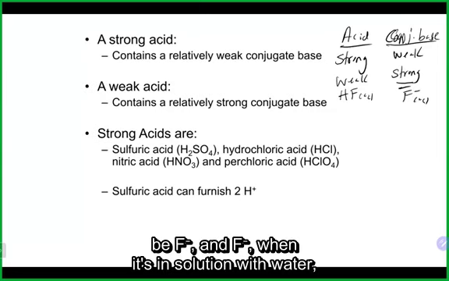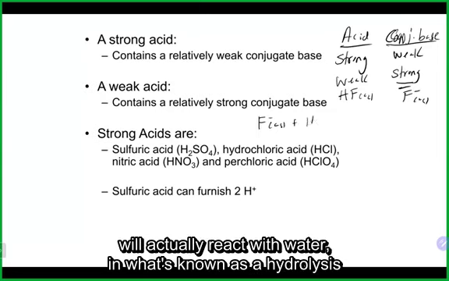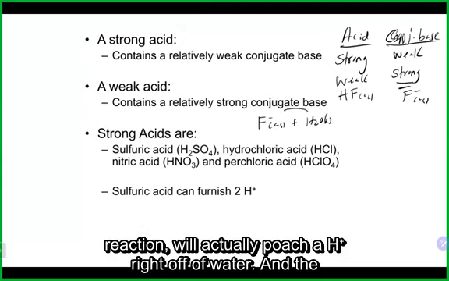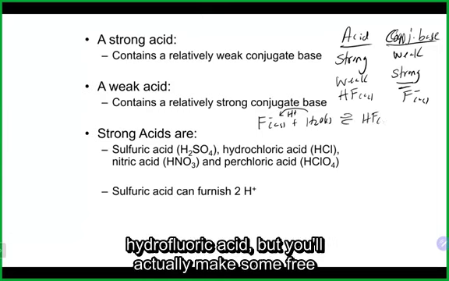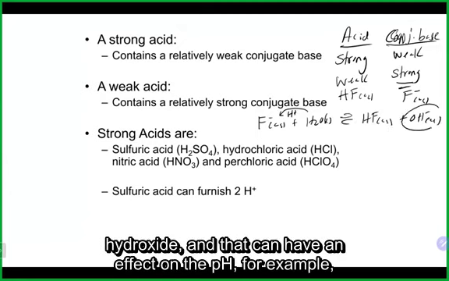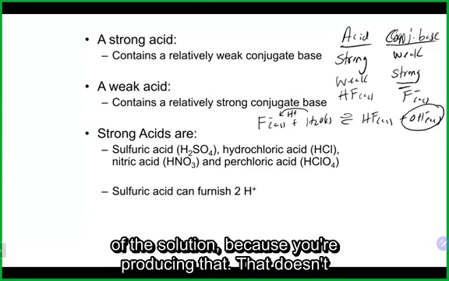And F minus, when it's in solution with water, will actually react with water in what's known as a hydrolysis reaction. It'll actually poach an H plus right off of water. And the result of that is you'll make some more hydrofluoric acid, but you'll also make some free hydroxide.